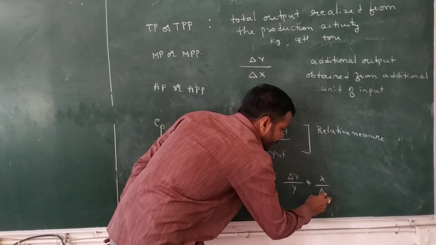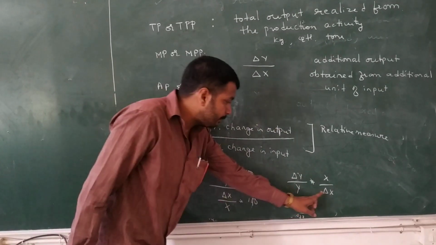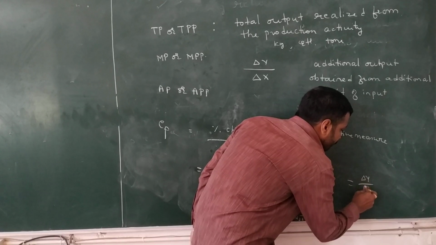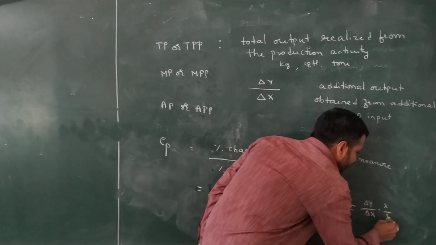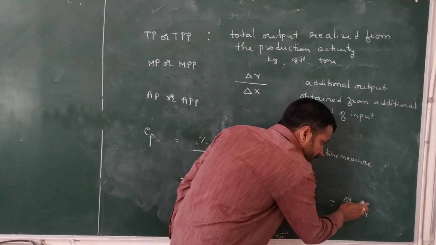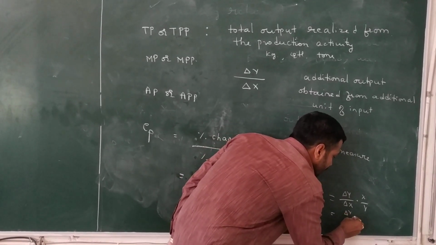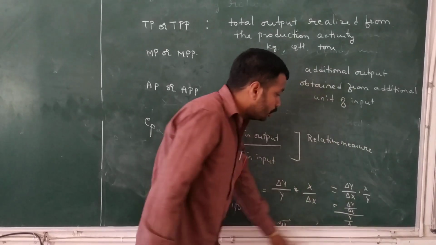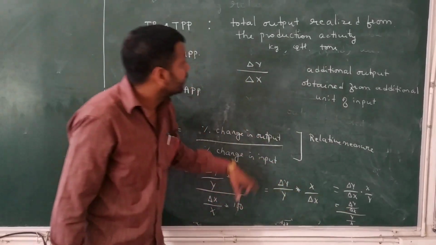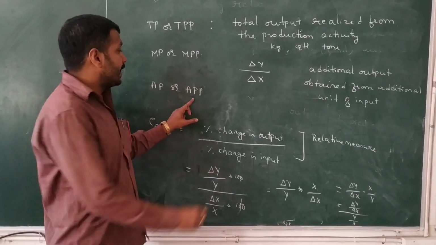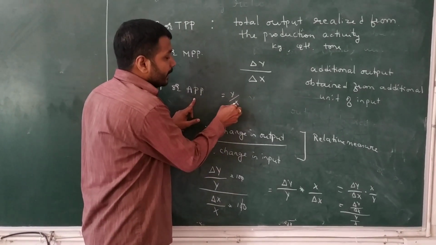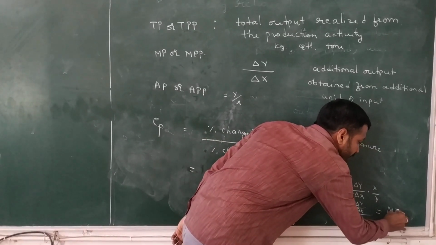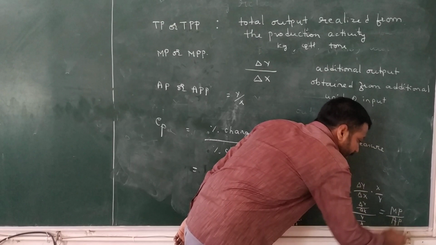So I will pull the delta terms together such that it becomes delta y by delta x into x by y. If I take this to the denominator, then it becomes delta y by delta x whole divided by y by x. You know that delta y by delta x is nothing but MPP, and APP is nothing but y by x. So we can easily say EP is nothing but the ratio of MP by AP.